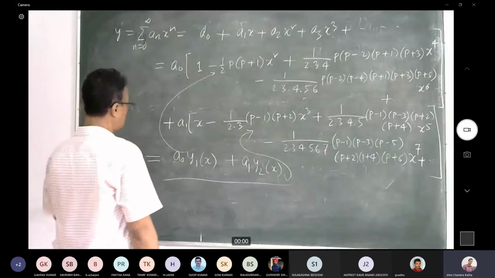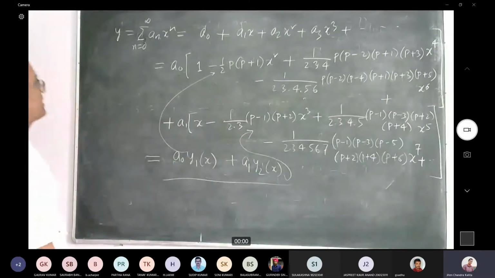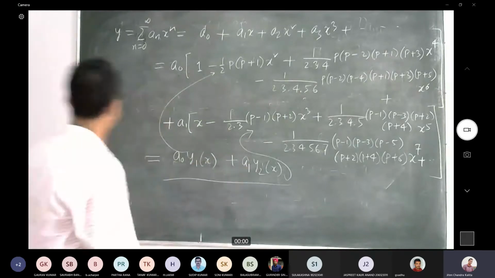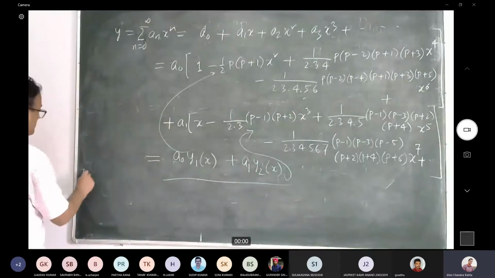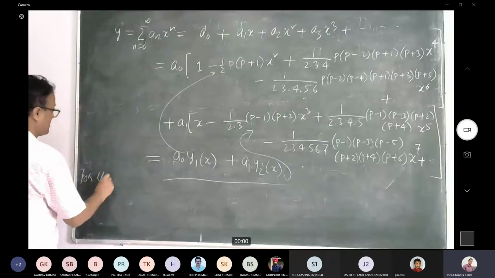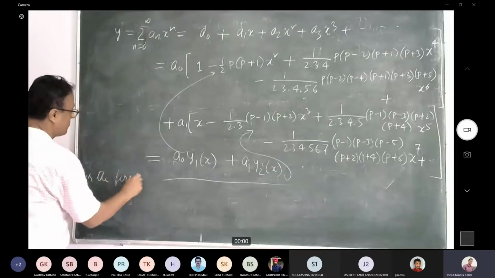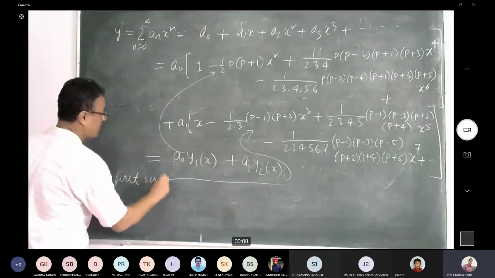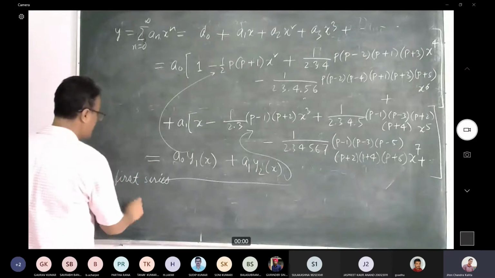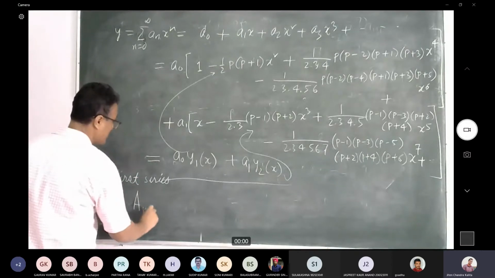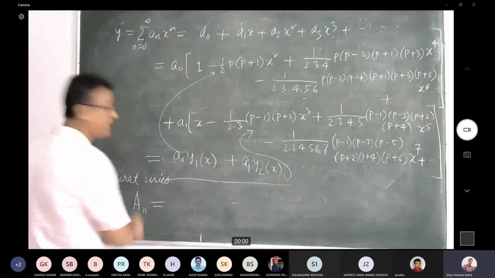If I look at the individual terms of the power series y1(x) and y2(x), then for the first series, suppose I denote the nth term by an.